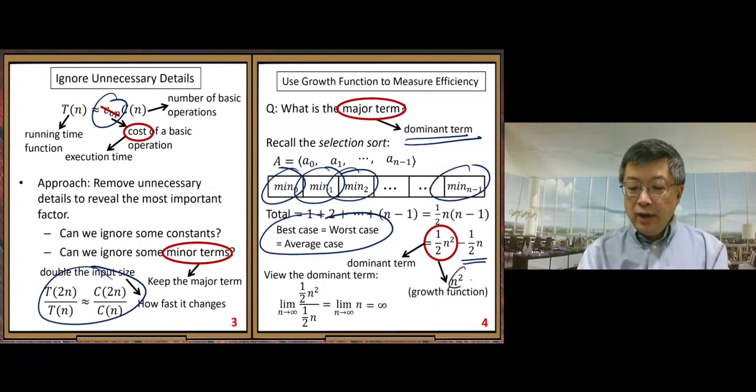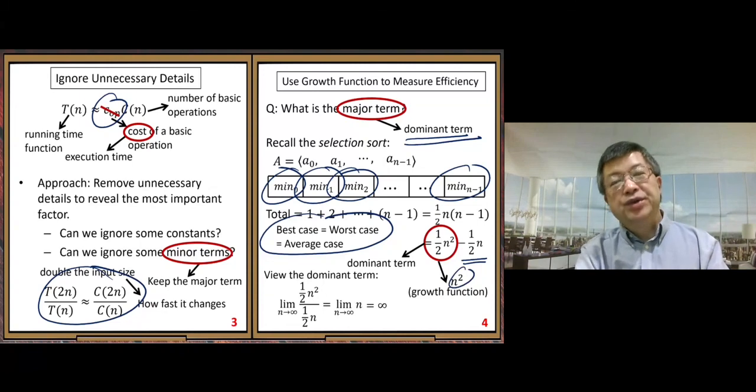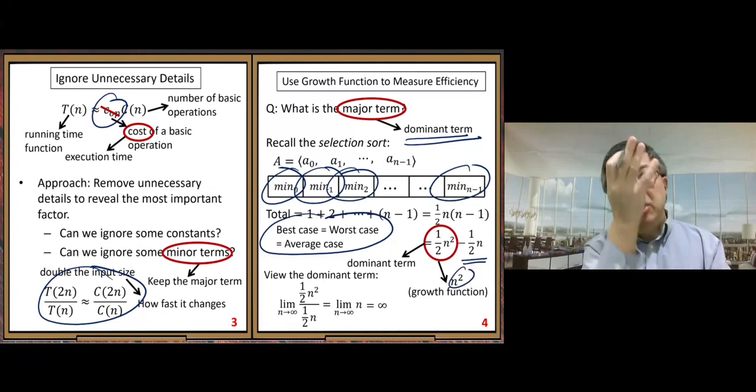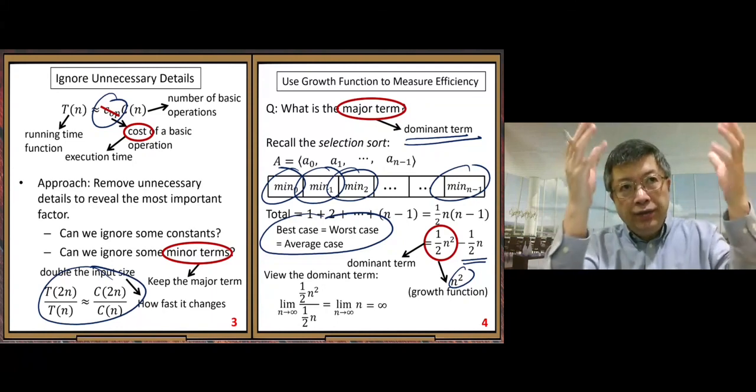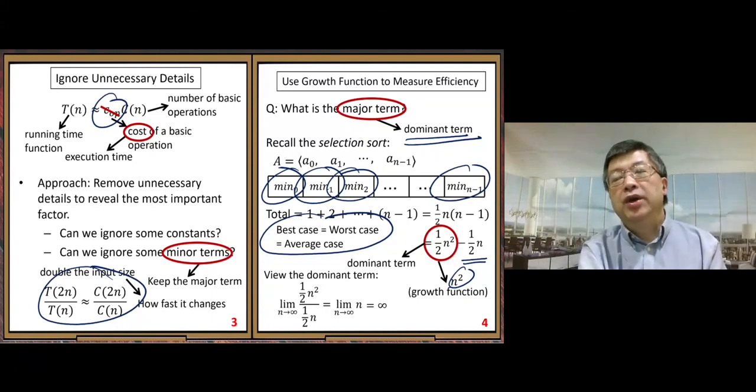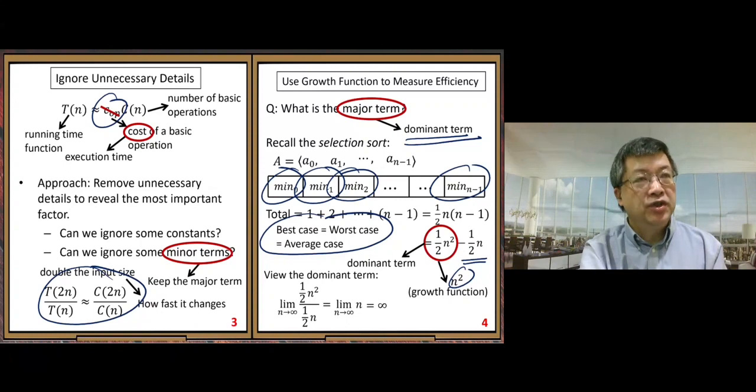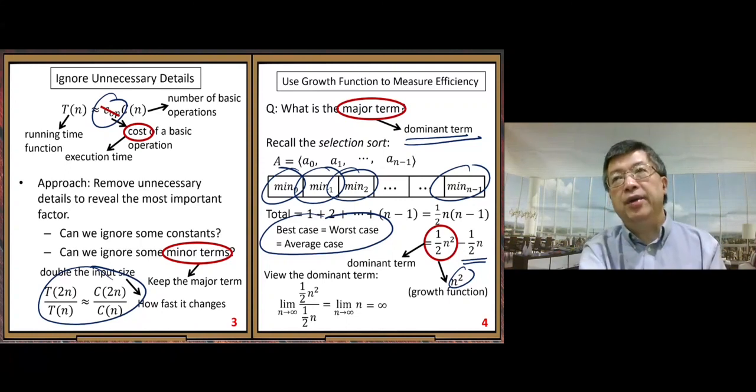Because we want to use a function as simple as possible to describe the running time efficiency function of the algorithm.